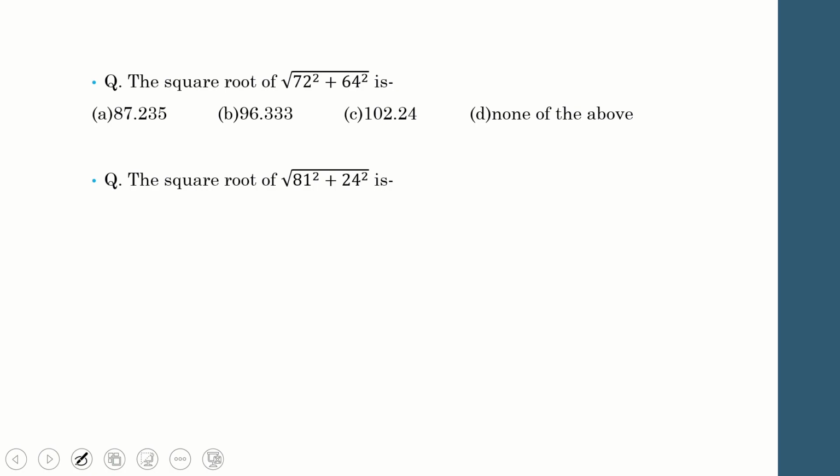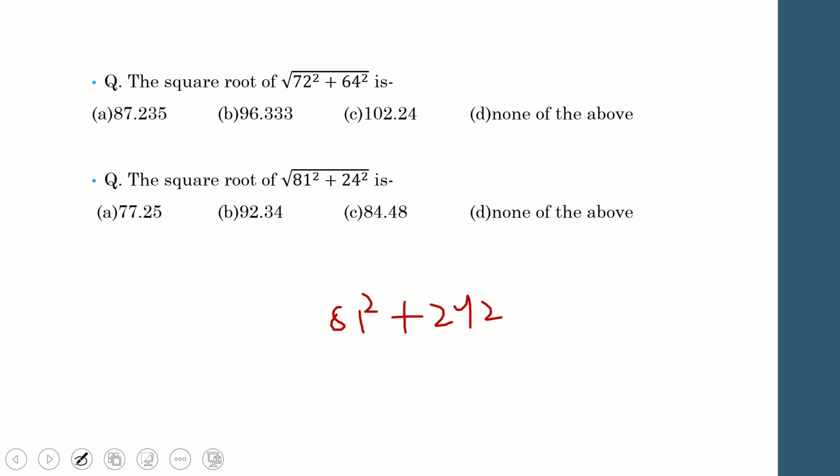Here is another question in a similar way. Square root of 81 square plus 24 square. This is two digit, this is two digit, so obviously it will be a two digit number, then a decimal will come.